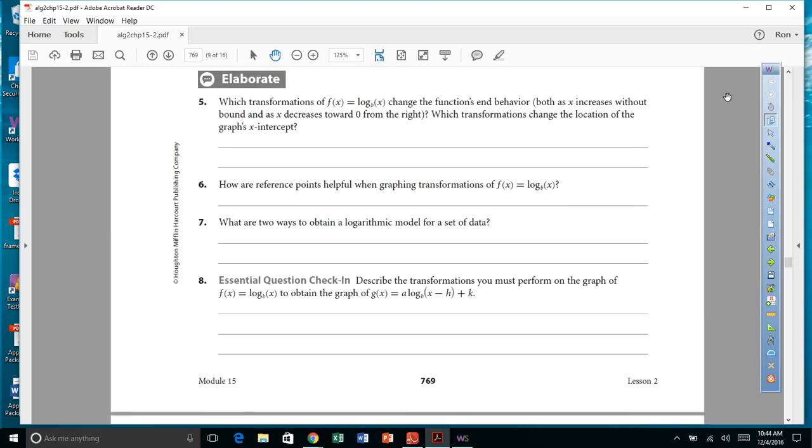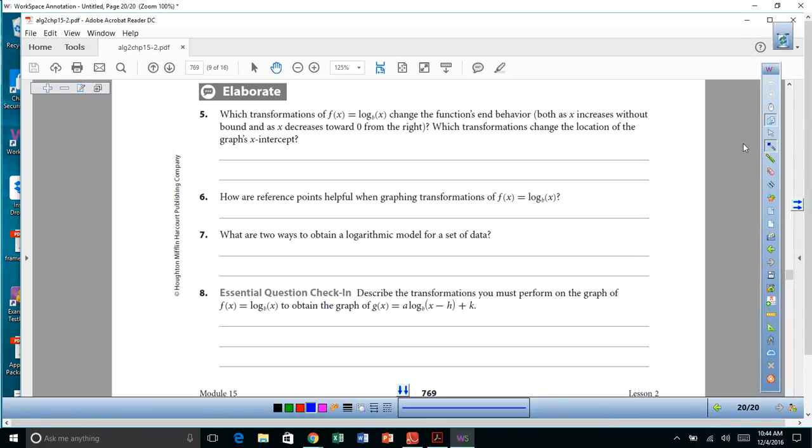Elaborate. Which transformation of f of x equals log base b x changes the function's end behavior, both as x increases without bound and as x decreases toward 0 from the right? Reflections across the x-axis change the end behavior.